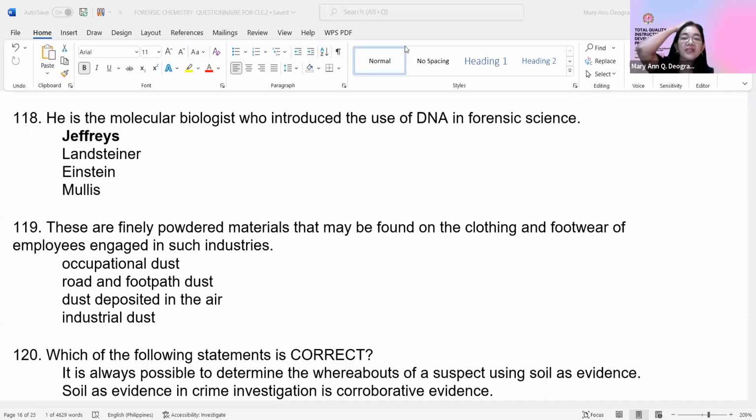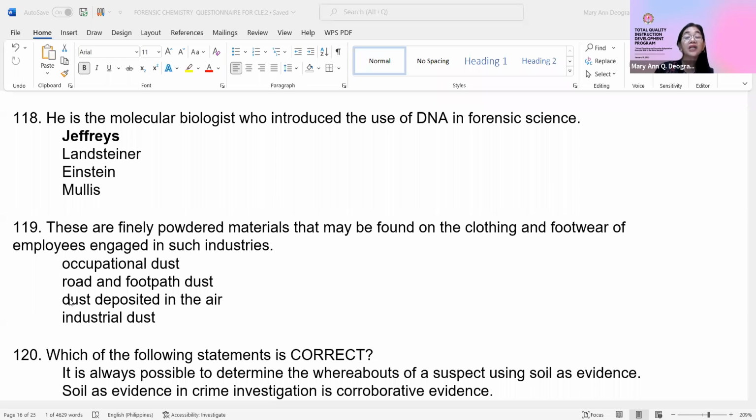Letter, wala na. Are you still listening? Anong sagot sa number 119? Eliminate natin si road and footpath dust. Eliminate natin si B and C.